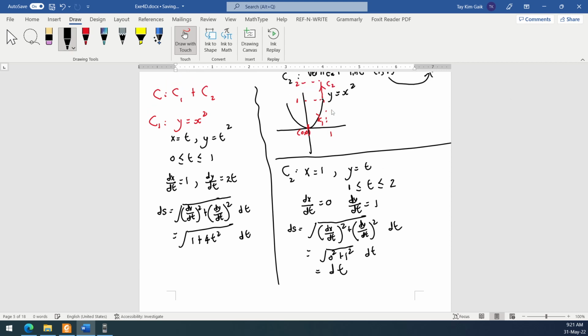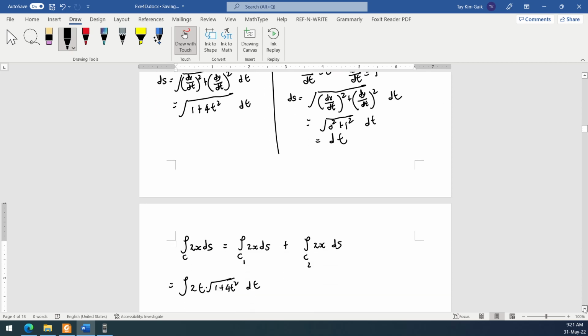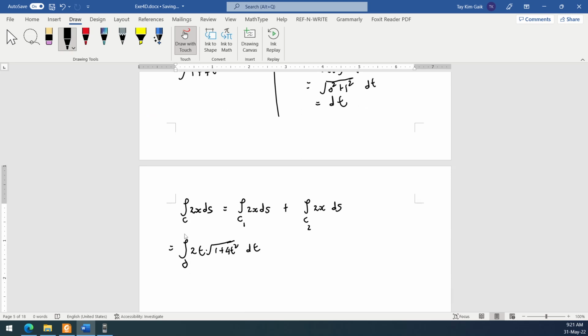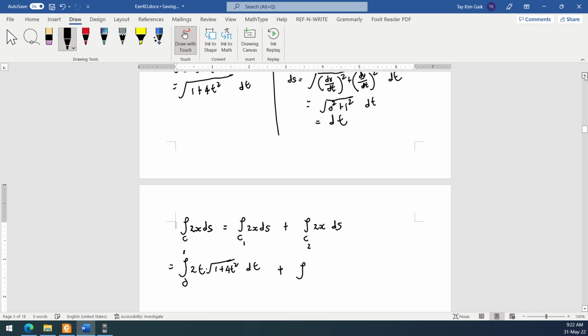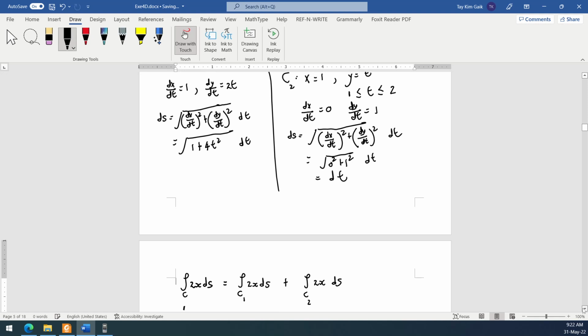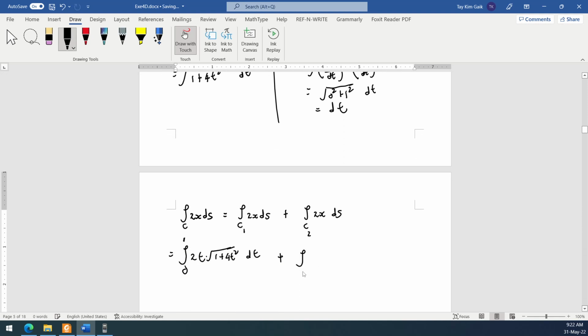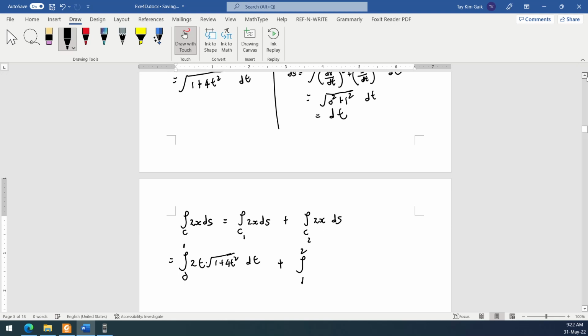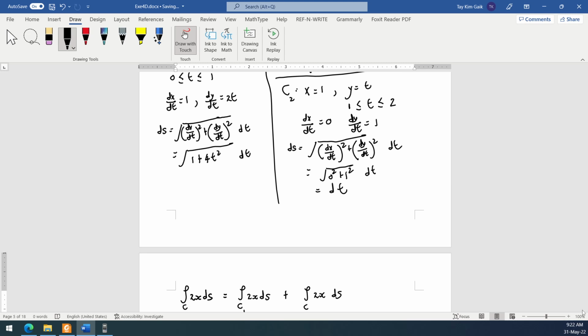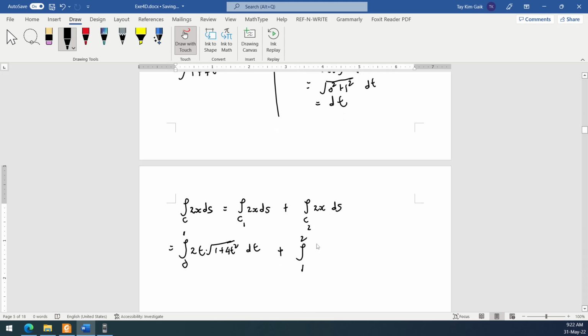For C1, x moves from 0 to 1, so t also moves from 0 to 1. Along curve C2, t moves from 1 to 2 and x is 1, so you have 2, and ds is equal to dt.